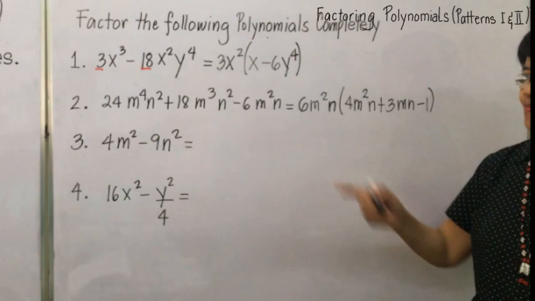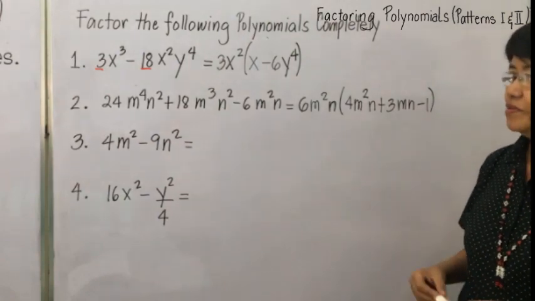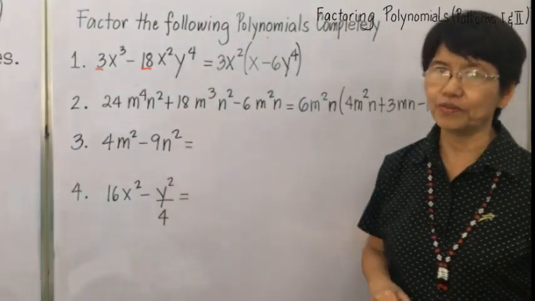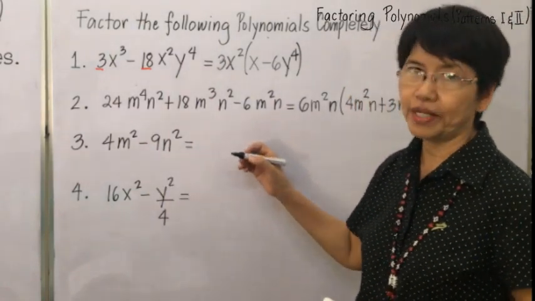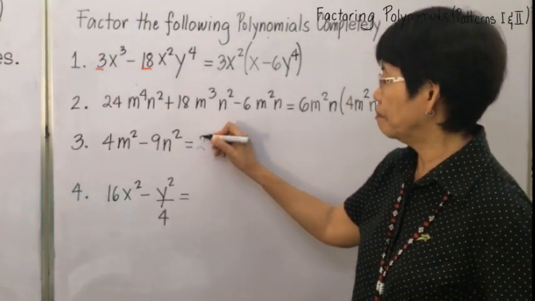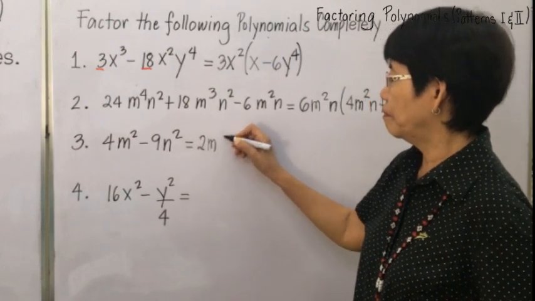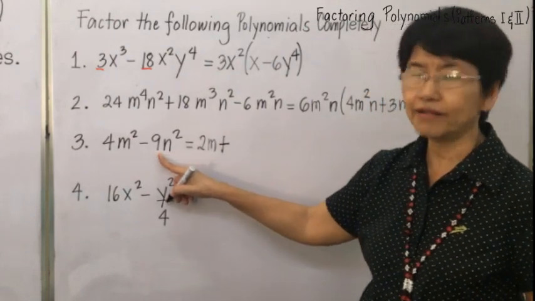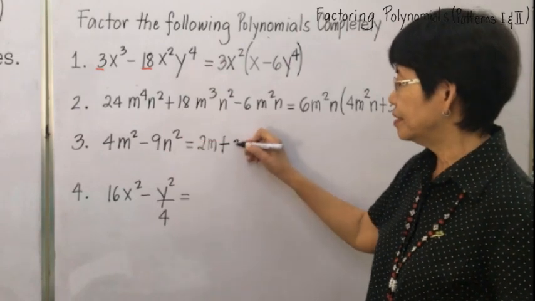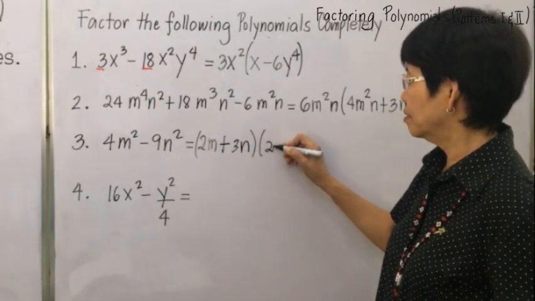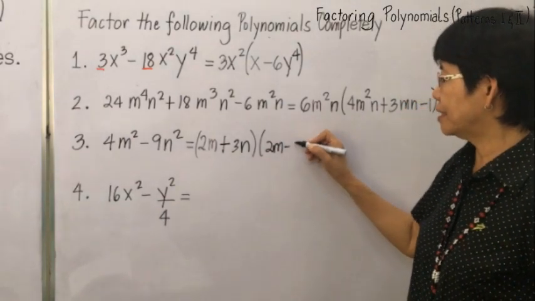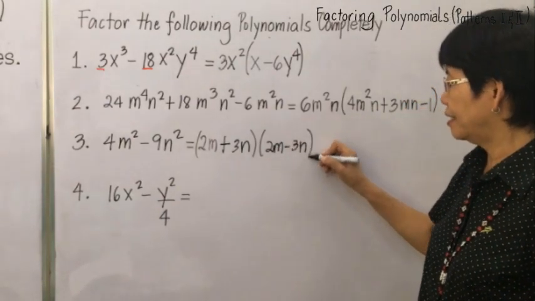Okay. Number 3. We have the difference of two perfect squares. Square root of 4m squared, 2m, plus square root of 9n squared, 3n, times 2m minus 3n.